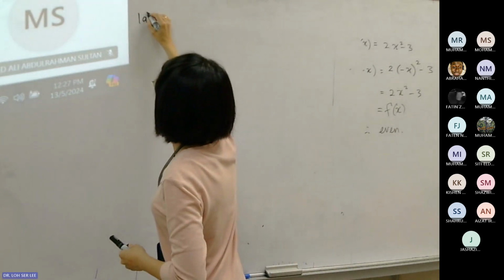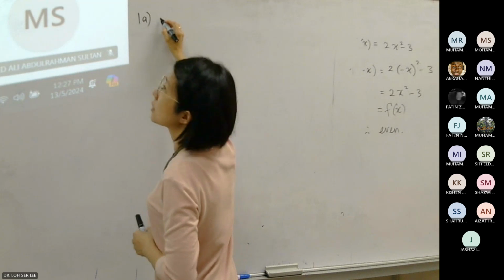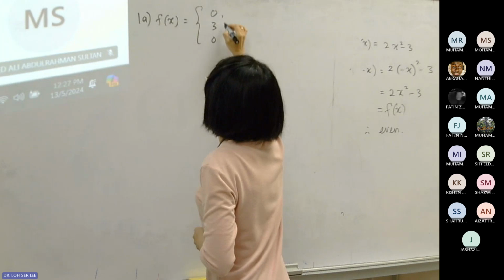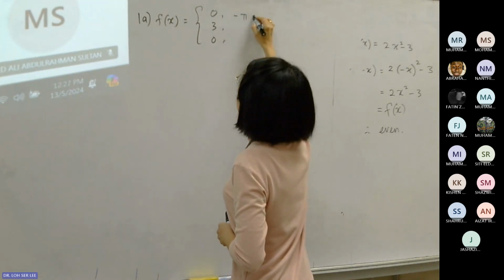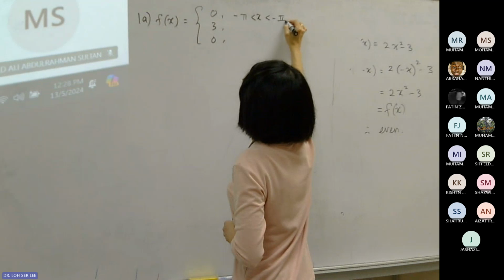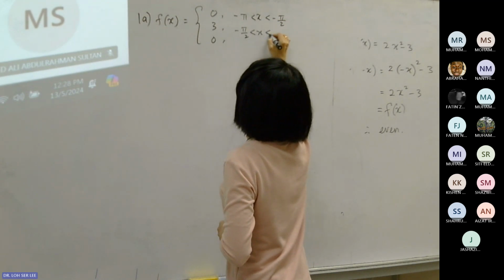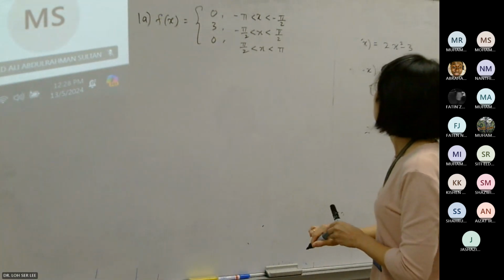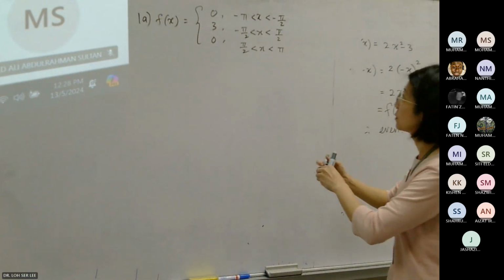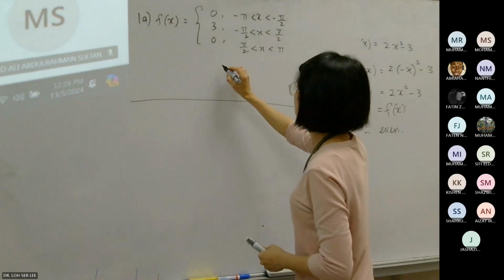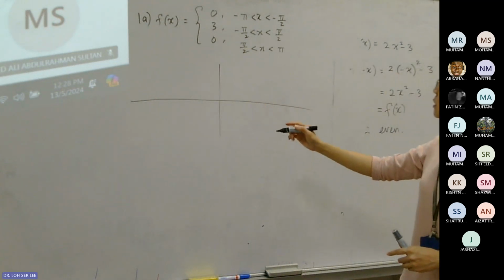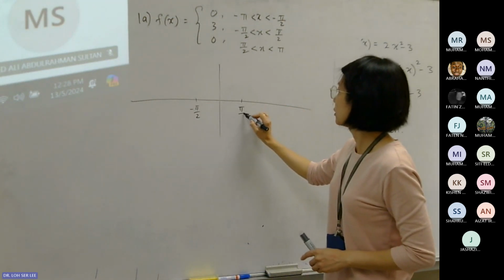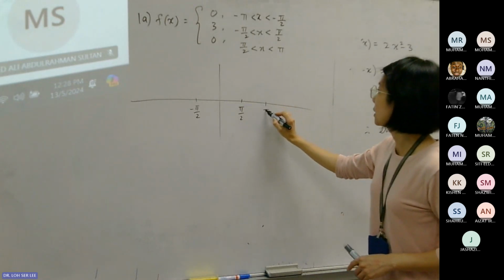Question 1A. f(x) equals 0, 3, 0, on the intervals from negative pi to negative pi over 2, negative pi over 2 up to pi over 2, then up to pi.